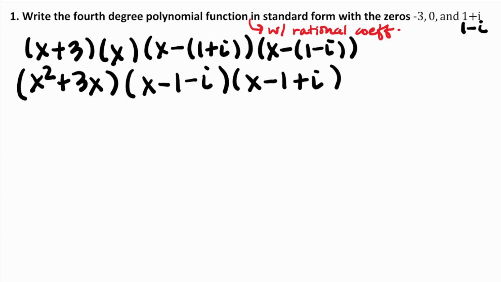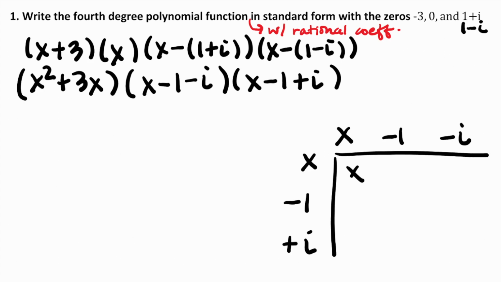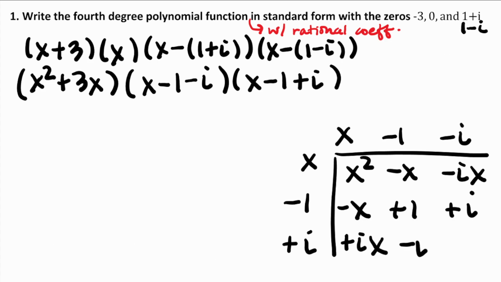Okay, now to do the ones with the i's in them, I think we can do that off to the side with a box. X minus 1 minus i multiplied by x minus 1 plus i. Okay, and there we go, we filled out the box.